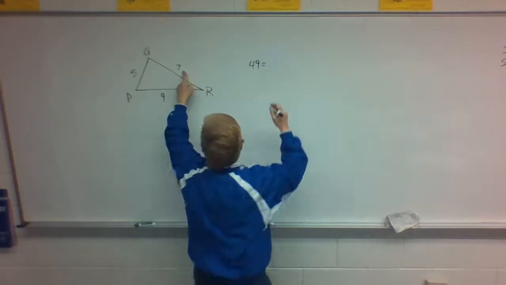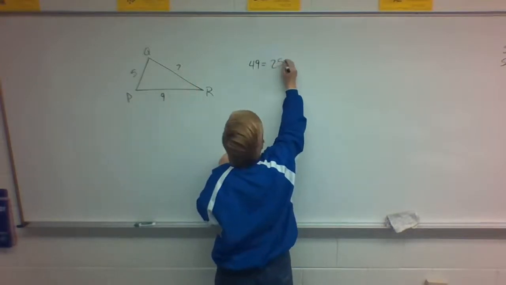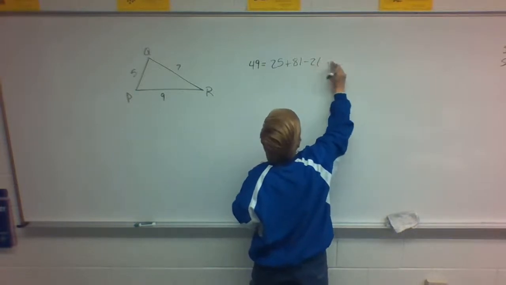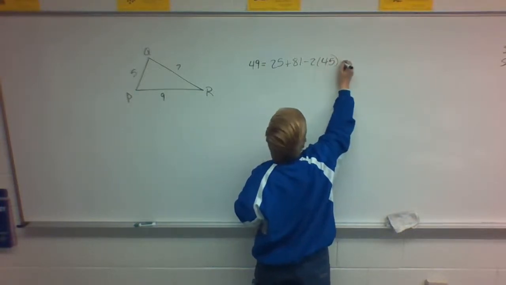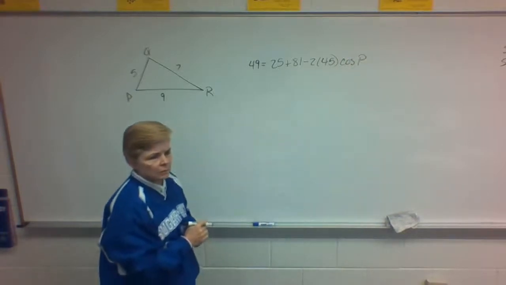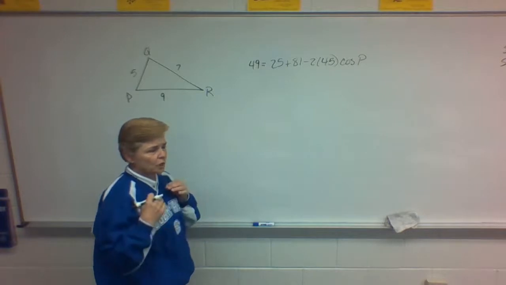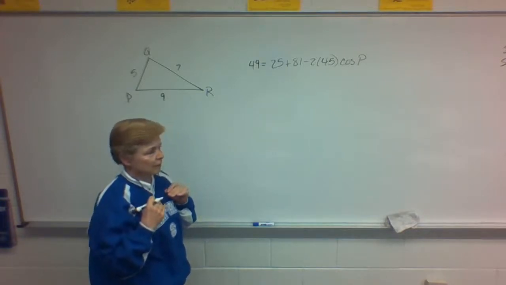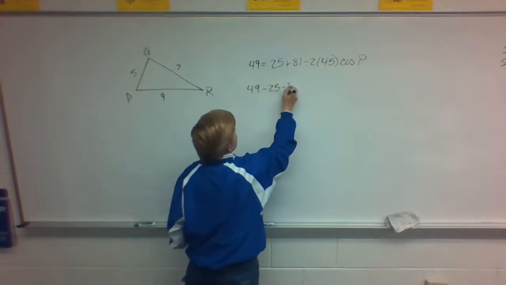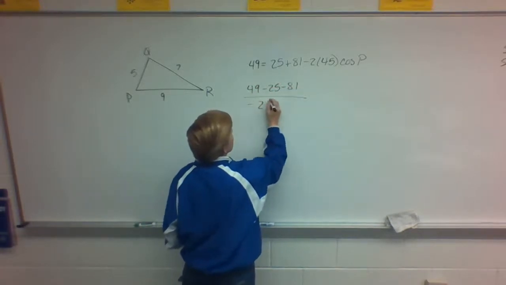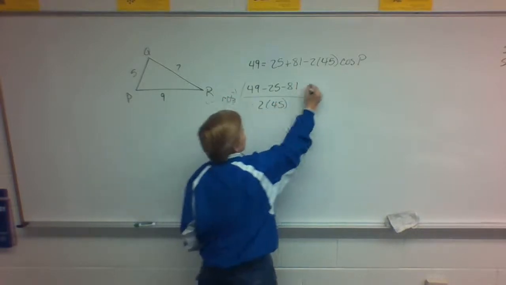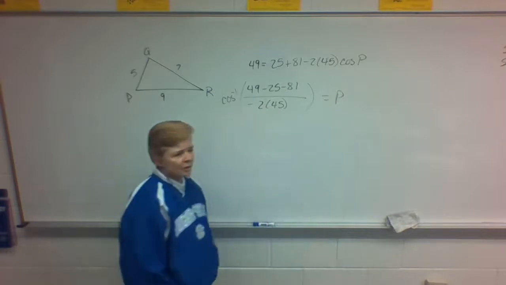Okay. 49 equals 25 plus 81 minus 2 times 5 times 9 cosine of P. If you memorize your law of cosines well enough to see that this is correct, then the next thing I write is 49 minus 25 minus 81, divided by negative 2 times 45, inverse cosine, equals P. Did you follow all that algebra?